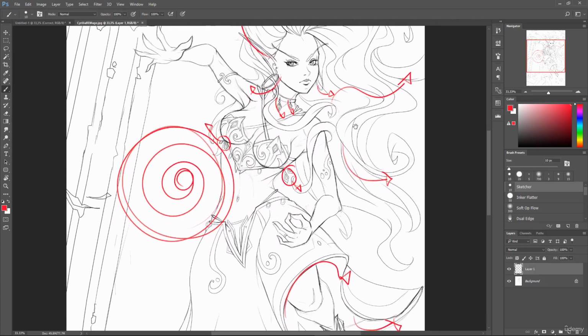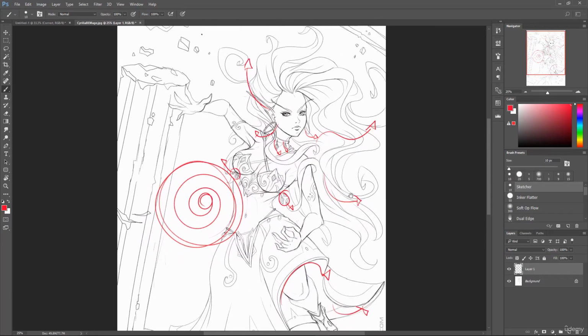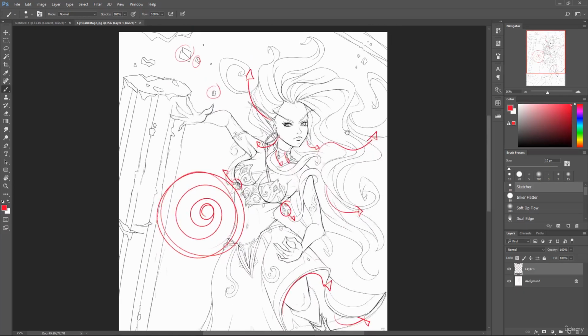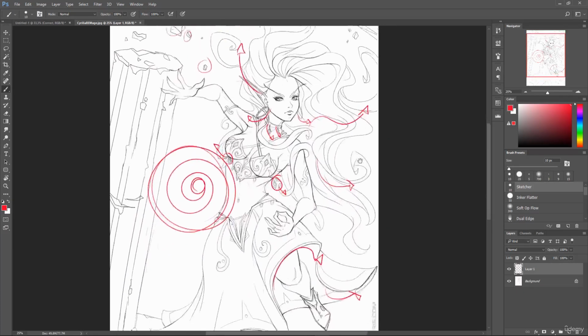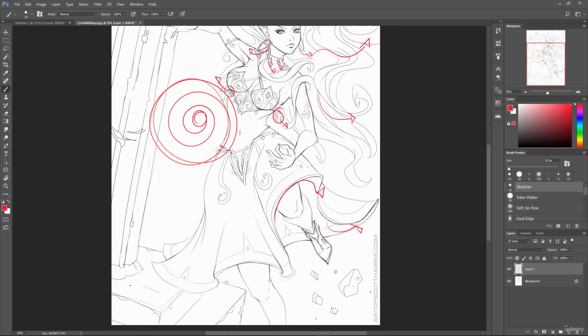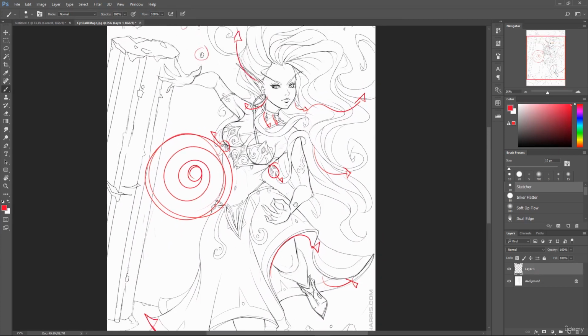So there are quite a few elements of secondary actions happening in this particular piece. And we even have some secondary actions happening from some unknown source. We have rocks flying in the background, though that's not really related to the character, but nevertheless it's still an example of secondary actions occurring here in the dress as well.